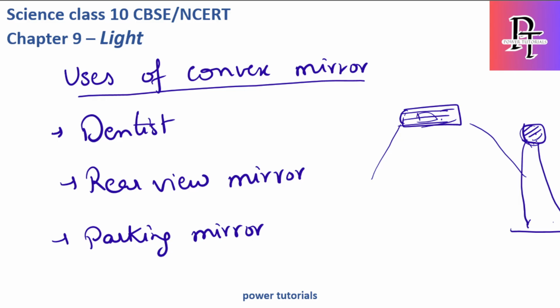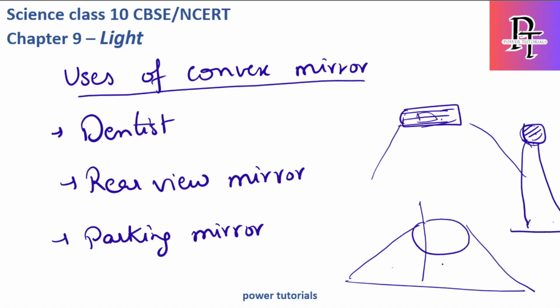So this much area will be covered in the side mirror. And parking mirrors also: if you notice in basement parking and so on, a big mirror is placed at the corner so that it can capture from this side to this side. This much area will be captured and those images can be seen on the mirror. These are the uses of convex mirrors.